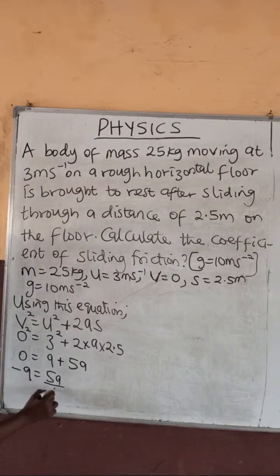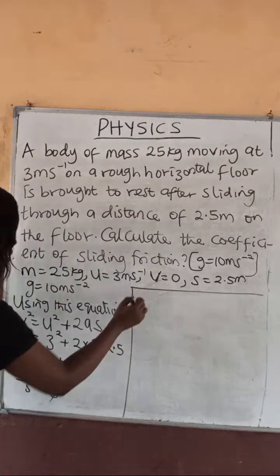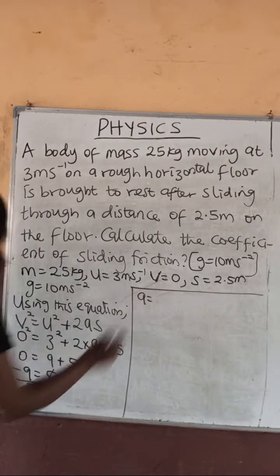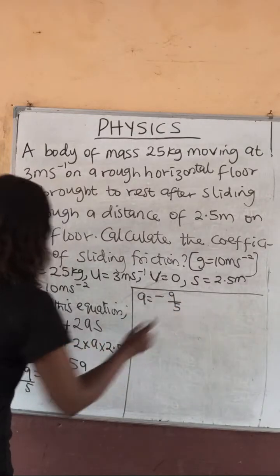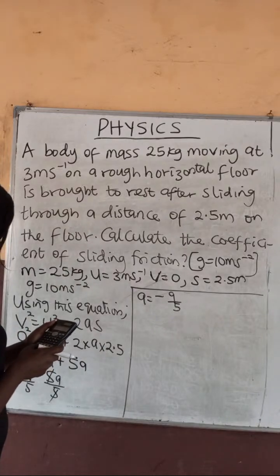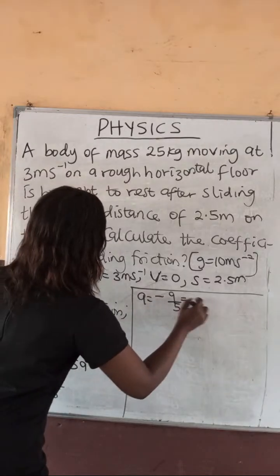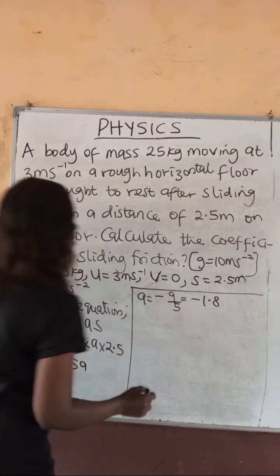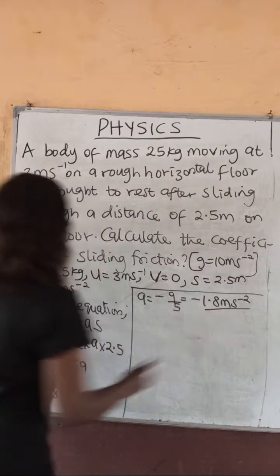I divide both sides by 5, this cancels this, so my a is equal to minus 9 over 5. If I say 9 divided by 5, I will have minus 1.8, and the unit is meters per second squared.